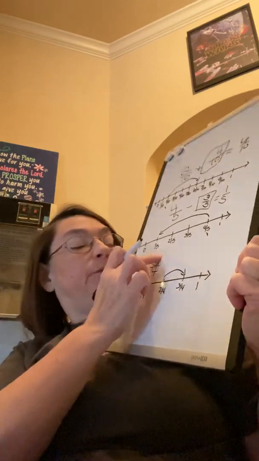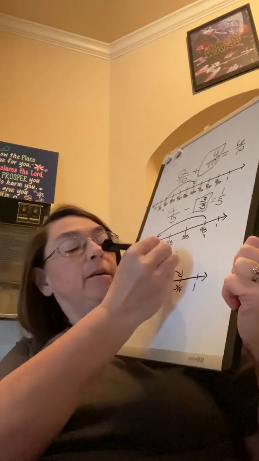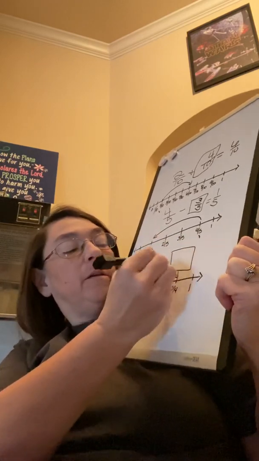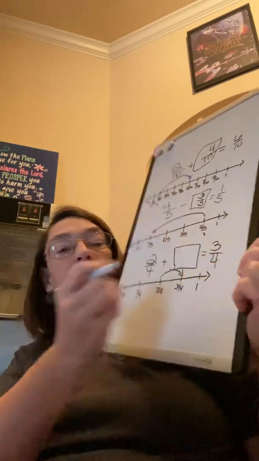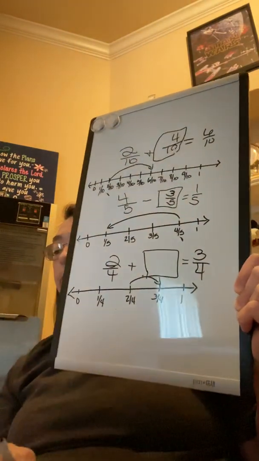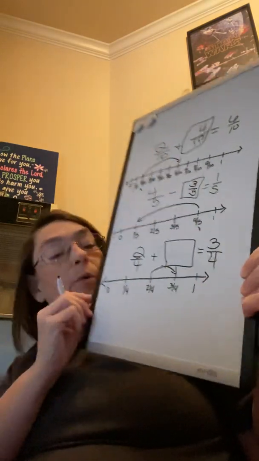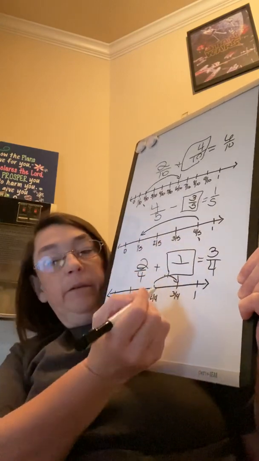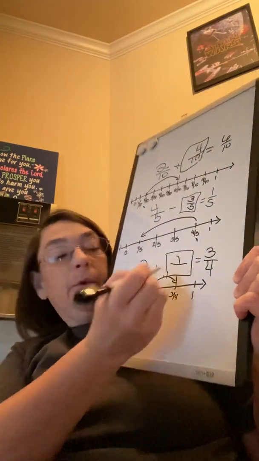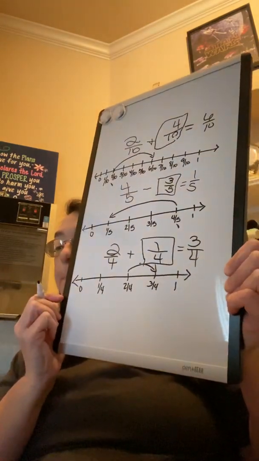We start with the 2/4. And we're going to add to get to 3/4. So what plus 2 gives me 3? 1. And then we put it over 4 because these are both 4s.